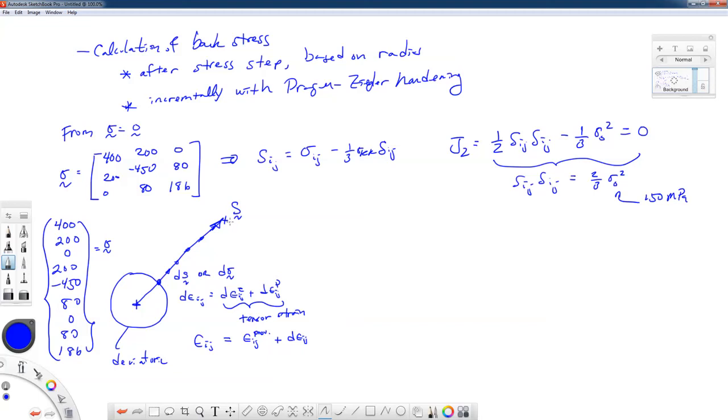Okay, so now we're out here, and let me show this in a different color. Now we're sitting out here, and our yield surface is on this path because we had a proportional path. In deviatoric stress space, we know the radius of this yield surface. Since this is r squared over on this side, r has to be the square root of 2/3 times sigma naught.